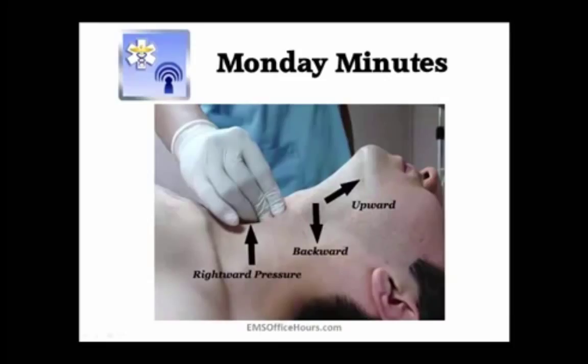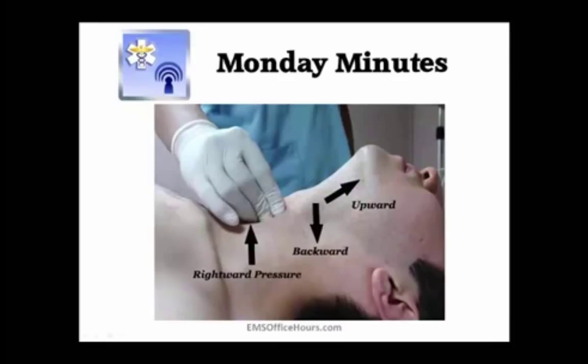Now backward is the first thing you want to do, and when we say backward, we're talking about pressing down towards the patient's spine, towards their back. And then upward and rightward, you're doing that in the same sort of motion. So you're putting backward pressure on the thyroid or cricoid cartilages, and this is that back maneuver.